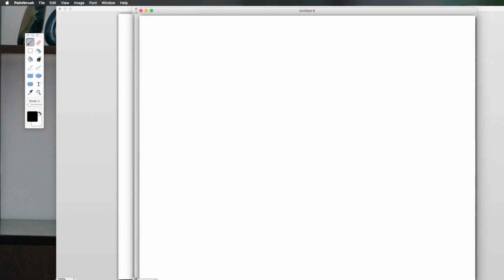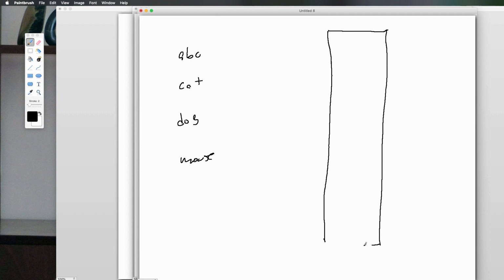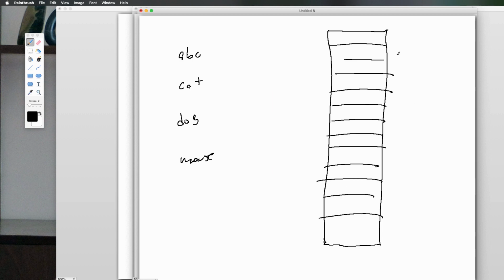So the idea here would be something like the following. I have these various strings: I have cat, and I have dog, and I have mouse. And what I'm going to do is have my table over here, 0, 1, 2, 3, all the way up to some n-1.